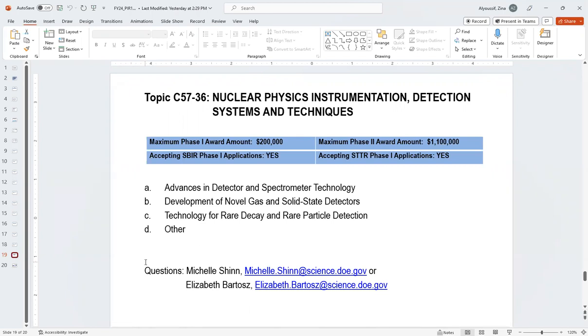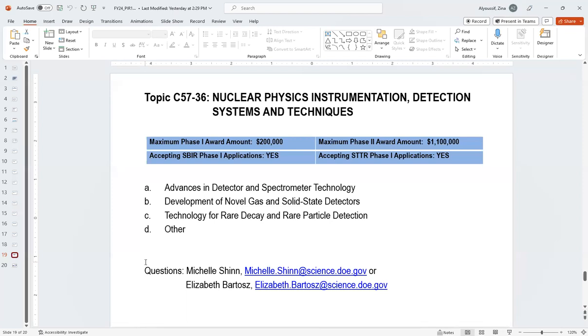And the last subtopic, C, technology for rare decay and rare particle detection. A really strong emphasis in the office, in our communities, is fundamental symmetries. So trying to do things like look for a rare decay called neutrinoless double beta decay.